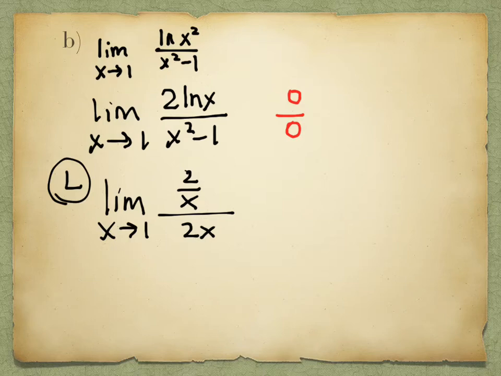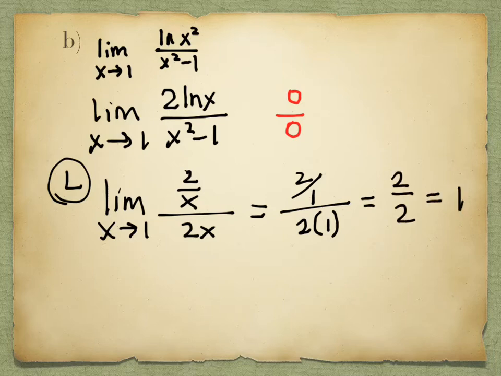So I plug the number 1 into 2 over x, I get 2 over 1. And if I plug this number in over here, I get 2 times 1, which gives me 2 over 2, which is 1. So this limit's 1. Easy peasy?